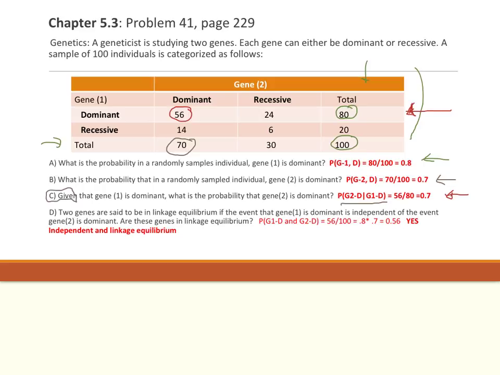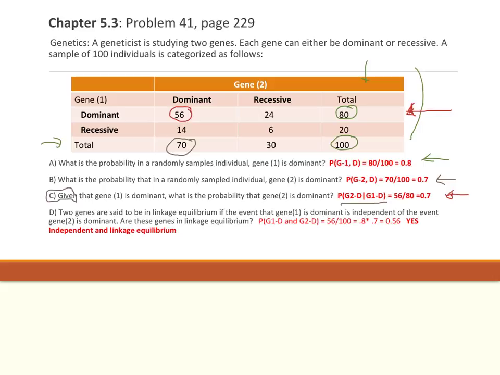And then our final question is, two genes are said to be in linkage equilibrium if the event that gene 1 is dominant is independent of the event gene 2 is dominant. Are these genes in linkage equilibrium?